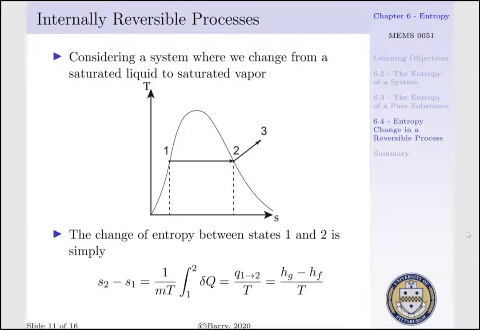If we have a process where we're going from state 1 to state 2, i.e. in an isothermal process, our change of entropy, S2 less S1, would be 1 per our mass times our temperature times the integral from state 1 to state 2 of delta Q. Or this would be Q going from state 1 to state 2 per T, which, although this process is isothermal, is also isobaric, and our heat supplied going from state 1 to state 2 is our saturated vapor specific enthalpy less our saturated liquid specific enthalpy, and per our temperature. Thus we can say our change of entropy for an isothermal process, S2 less S1, will be equal to h sub g minus h sub f per T.